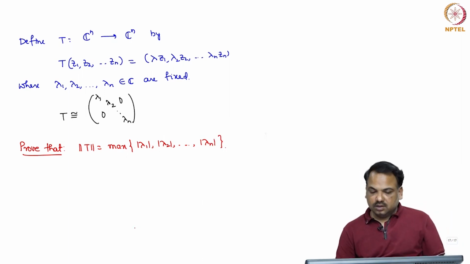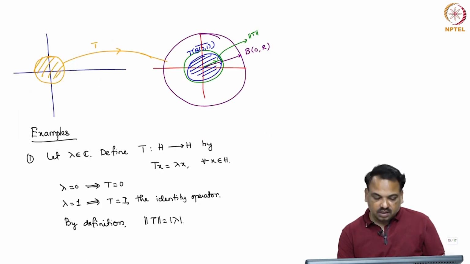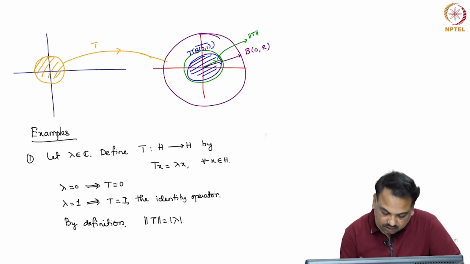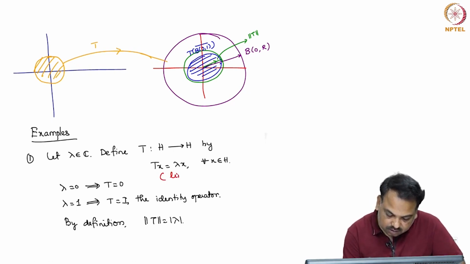Okay. So given a diagonal matrix with the diagonal entries lambda 1, lambda 2, ..., lambda n, you are able to get a linear map. We can check that whatever maps we have defined earlier are linear.